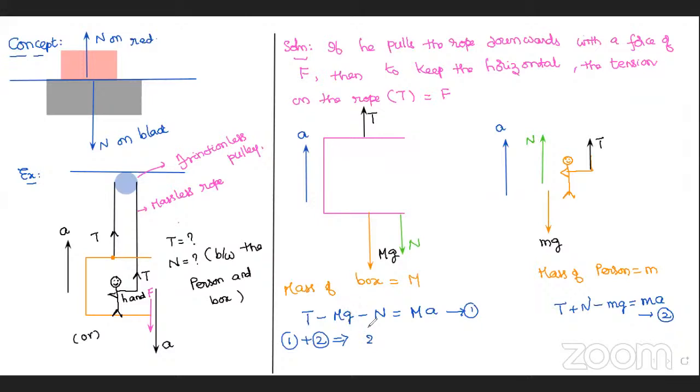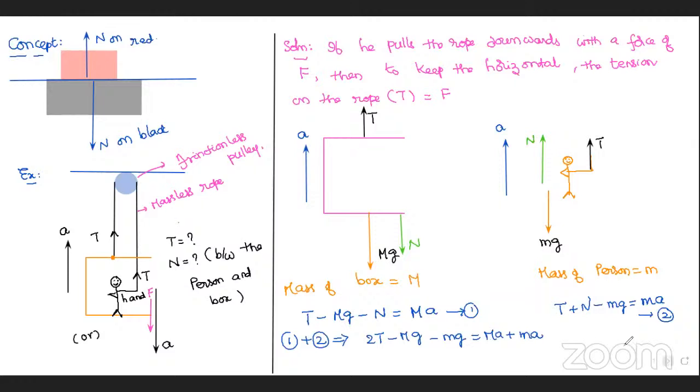So T plus T, 2T minus mg, N plus N cancel, minus small mg is equal to, adding the right hand side, ma plus ma.